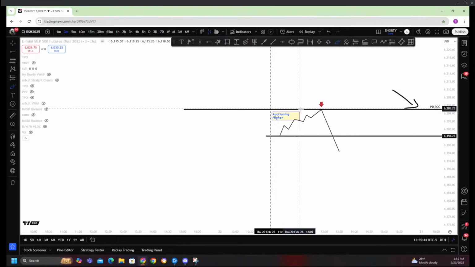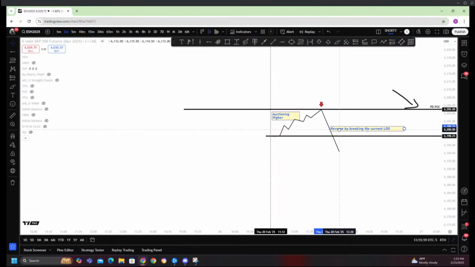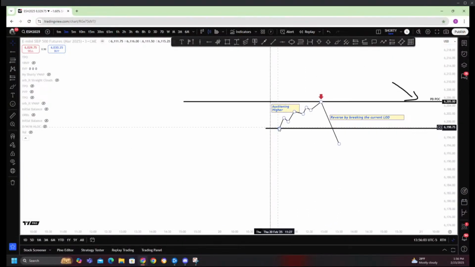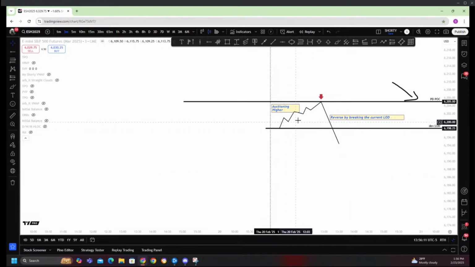So you hit the PDPOC and then open, reject, and the reverse happens where? The lowest low. Yeah, so reverse by breaking the current low of the day. And if this is, let's say in our example, the low of the day, then this is open, reject, reverse.